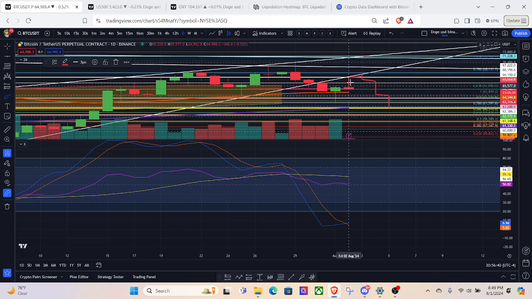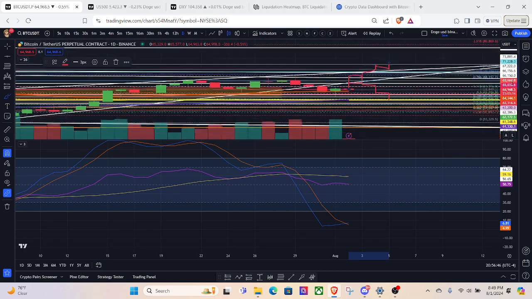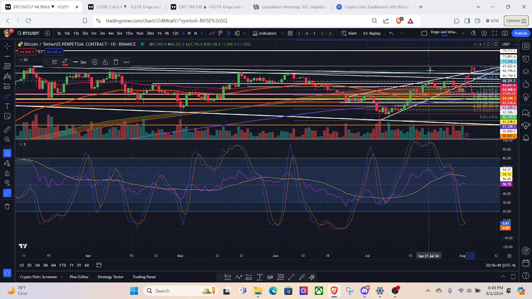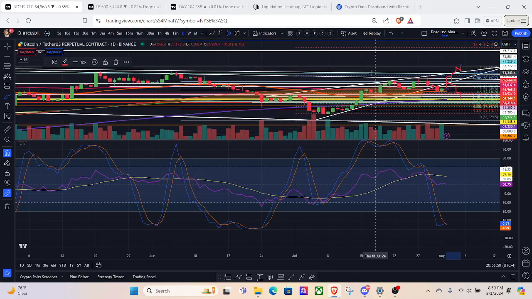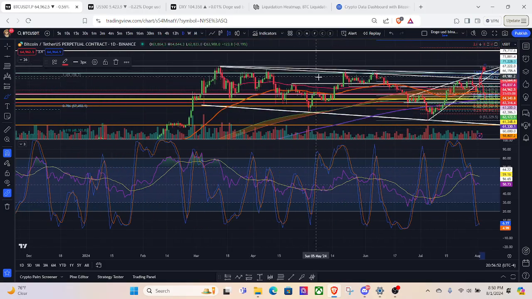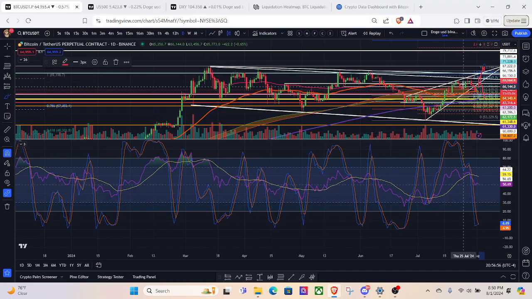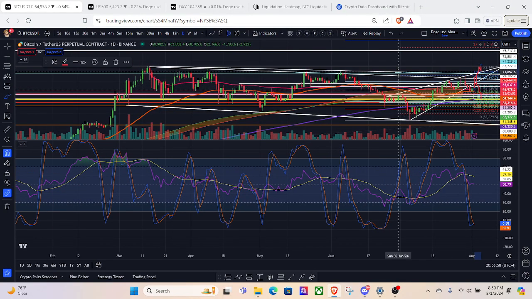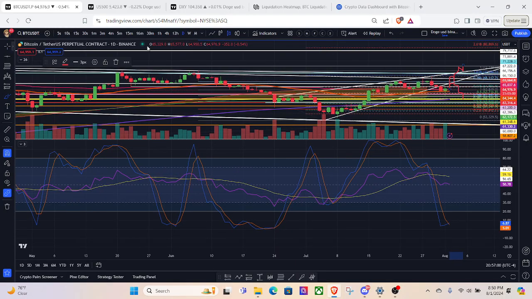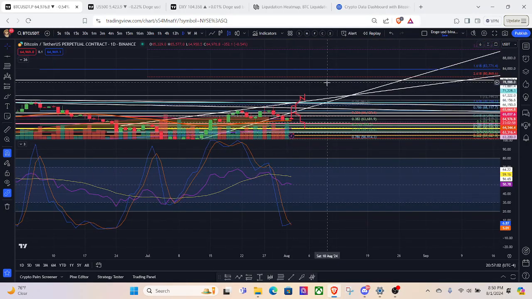Or if we do buy back into this wedge, get to the top, break out of the wedge, and go higher, you could see a break of this macro descending trend line. So you might see a break of that macro descending trend line, potentially a break of the top of the range. And in that scenario, you would likely see numbers above 80K, assuming we have good momentum.